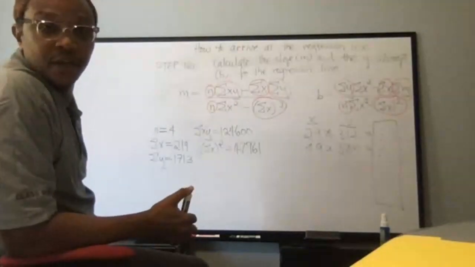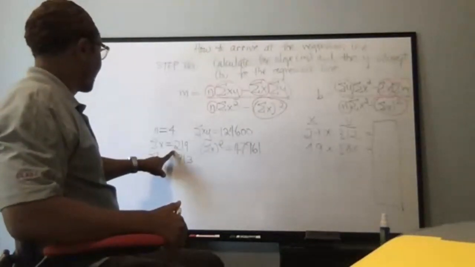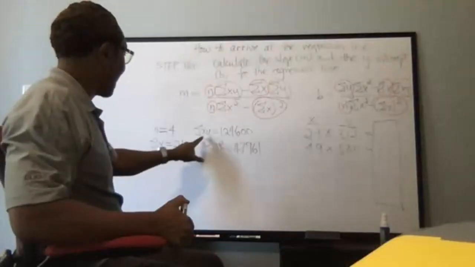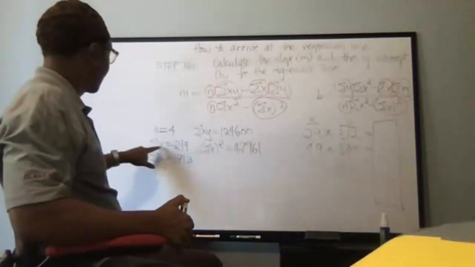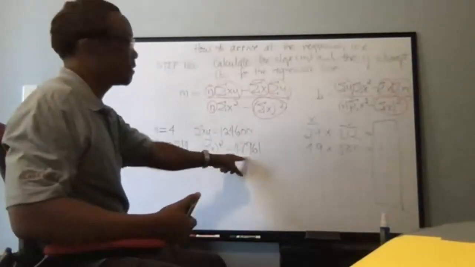What number did you square to get the 47961? The summation of x, which we found earlier to be this value right here. Okay. So 219 squared. So this is add up the x's first, which is right here, and then just square that number. So essentially, this is 219 squared.